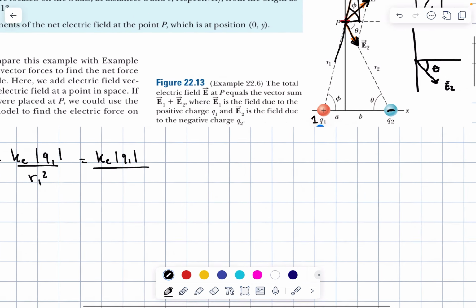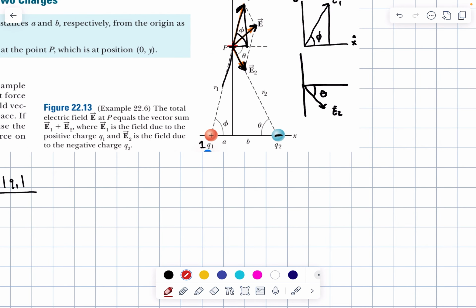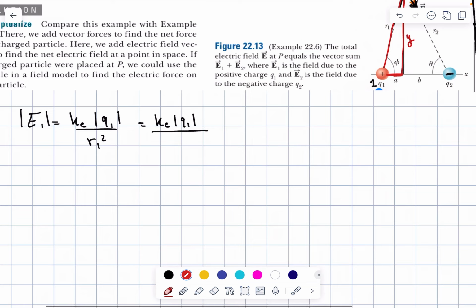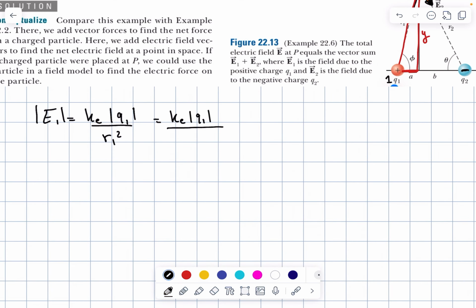And how far away is it? That is R1. We know this is A, and this here is Y, we're told that. So we have A squared plus Y squared, square rooted but then also squared, so we can just leave it like this.